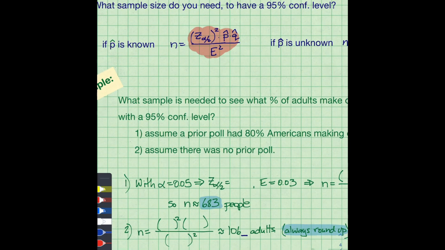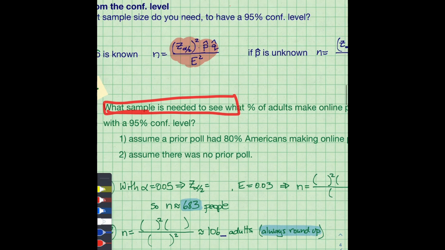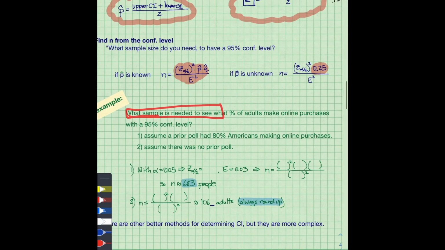So an example, if you want to figure out, okay, how many people do I need to sample if I want to figure out what percentage of them are okay with buying things online. And by the way, I want to be 95% confident. Okay, number one, we look at a poll from a previous study, and they say, oh, 80% of Americans make purchases online.